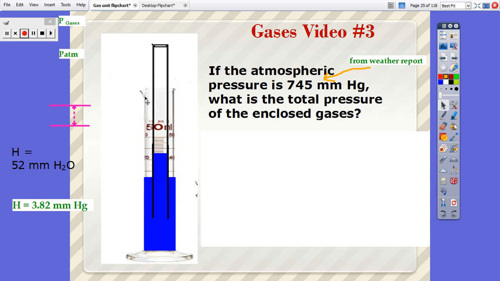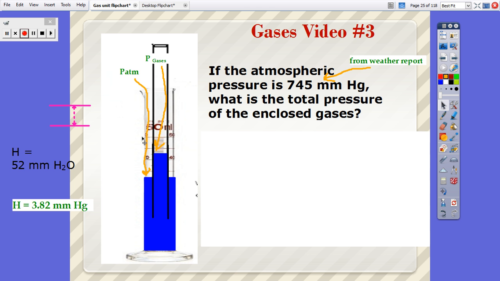We also have two things happening to the water in the student-constructed manometer at this time. The gases inside the tube are pushing down on the water with a certain amount of force or pressure. We also have, at the same time, atmospheric pressure pushing down on the water inside the beaker.